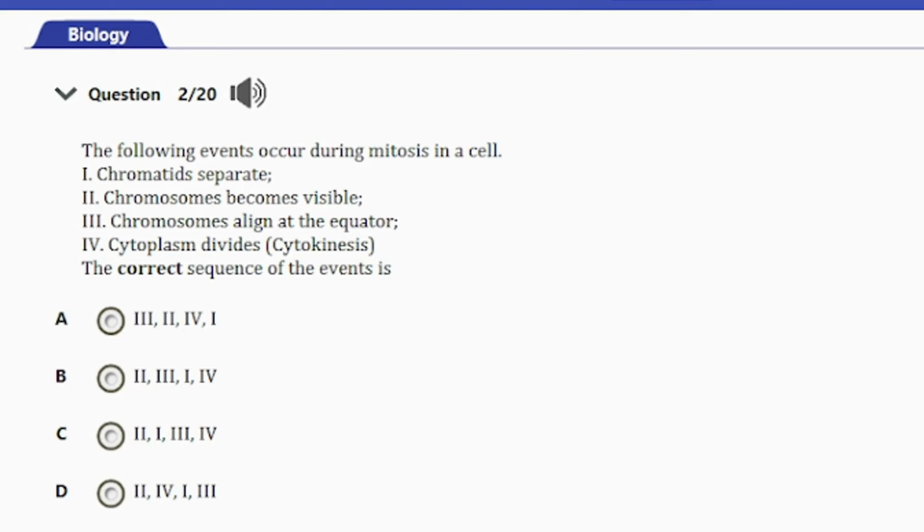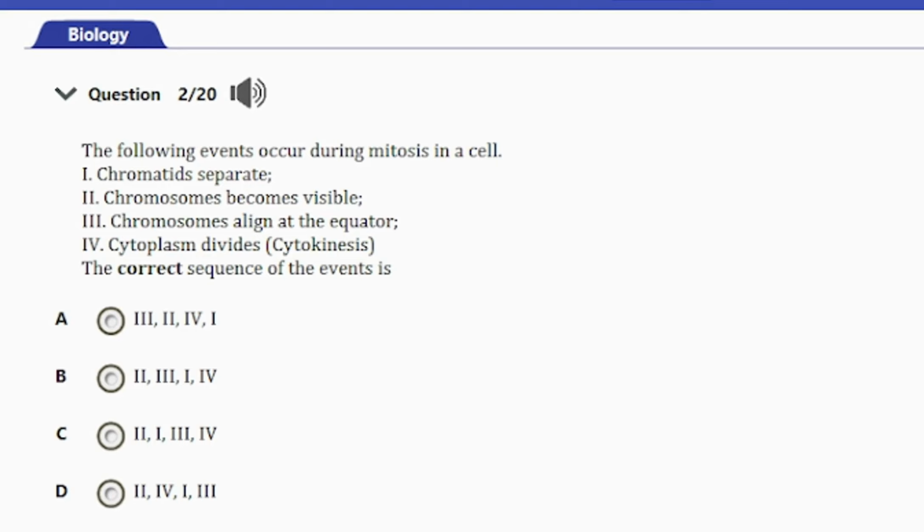The correct sequence of the events is A. III, IV, and then I. B. II, III, I, and then IV. C. II, I, III, and then IV. D. II, IV, I, and then III. So guys, the correct sequence here will be II, III, I, and then IV. So that's option B.